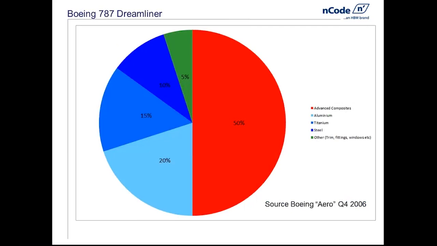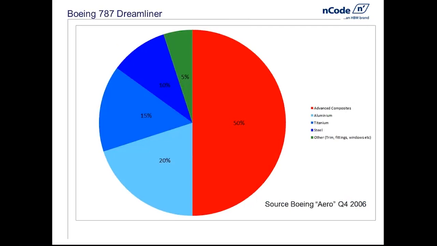I'm not convinced from my reading of the statistics whether this includes the engines, because they contribute a further 10 tons to the ready-to-take-off weight, and they, of course, are predominantly metallic, although the casings on them are, in fact, carbon fiber, the enclosures of them.